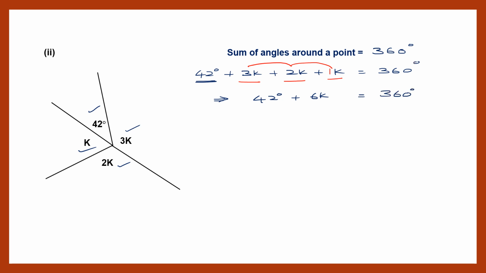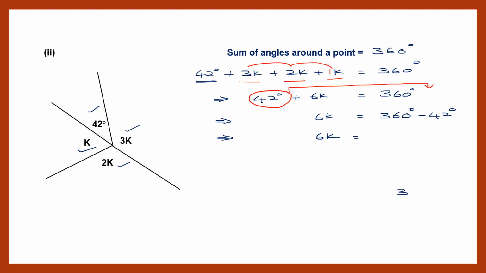So here we're going to find the value of 6K by writing only that on the left hand side. On the right we have 360 degrees. Now I'm going to transpose 42 degrees from the left side to the right side. So now it's going to become minus 42 degrees. So let's find the value of 6K by subtracting 360 and 42.